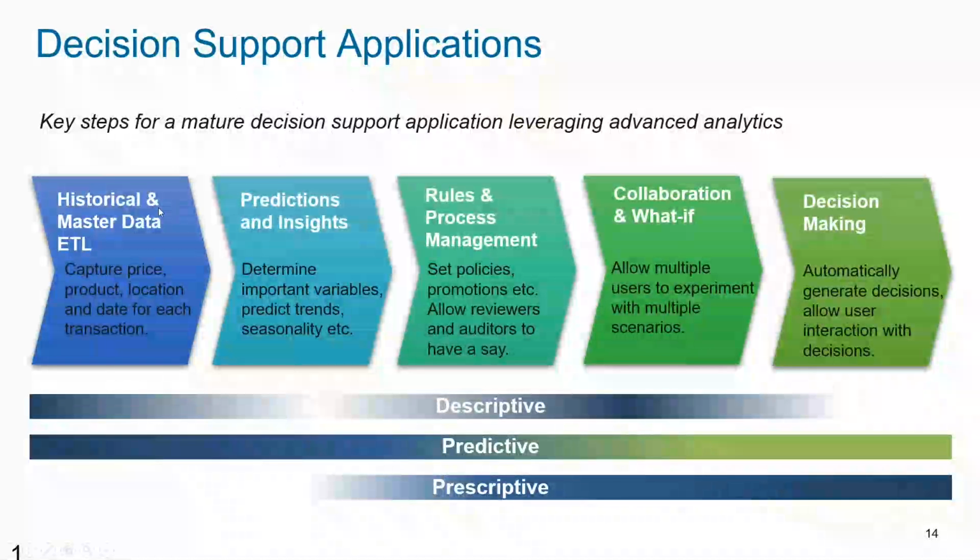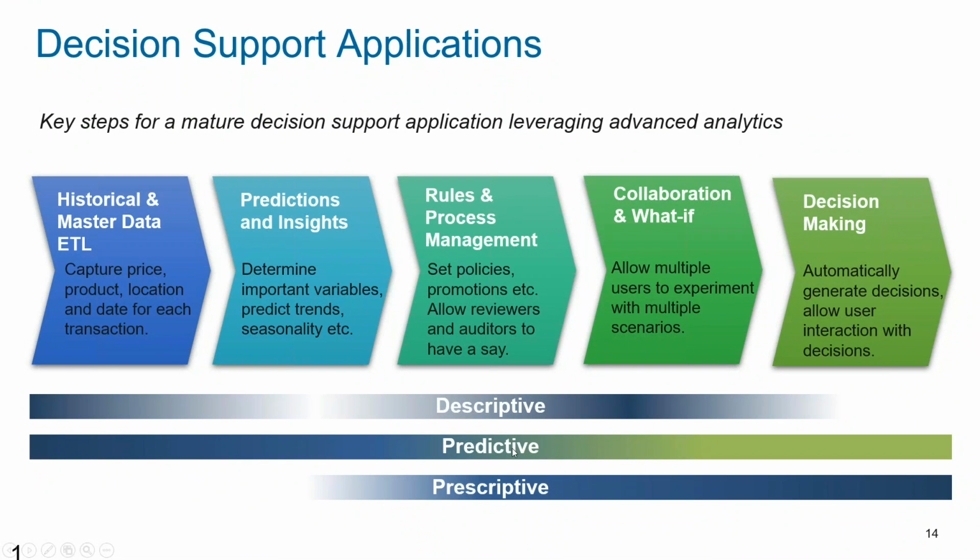So again, for the decision support applications we see, in order for you to mature, you start from historical and master data, and you're capturing the price, the location, you're doing your predictions, you are creating the rules and the project management, process management, and then you start collaborating, and you're developing your what-if analysis, and you create multiple scenarios you want to run, and then decision making.